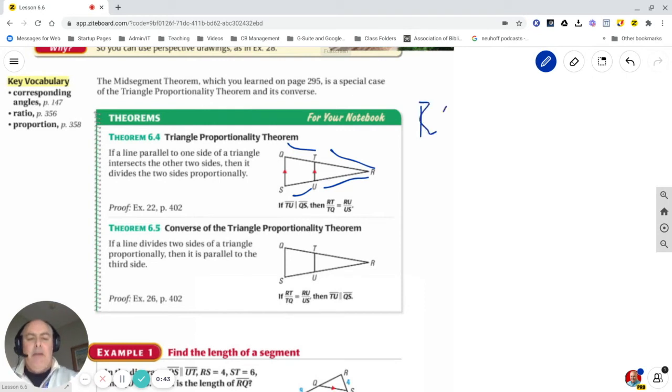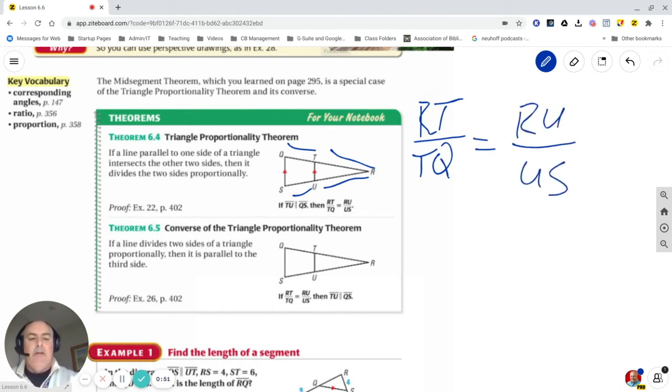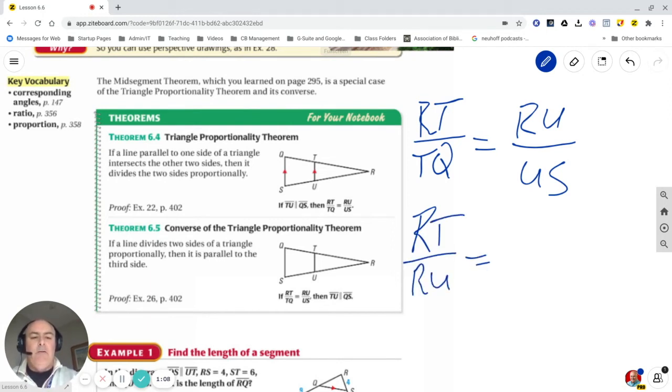When I write that, I have RT over TQ equals RU over US. Again, working down the sides of the triangle. However, by knowing how to cross multiply, I can also rewrite this RT over RU equals TQ over US.